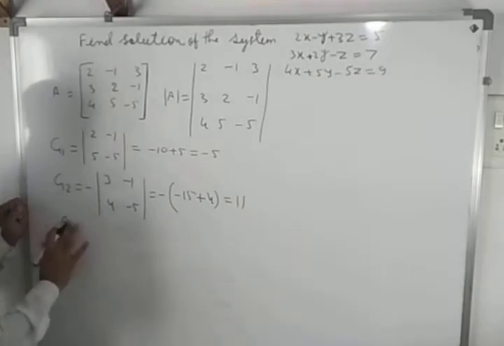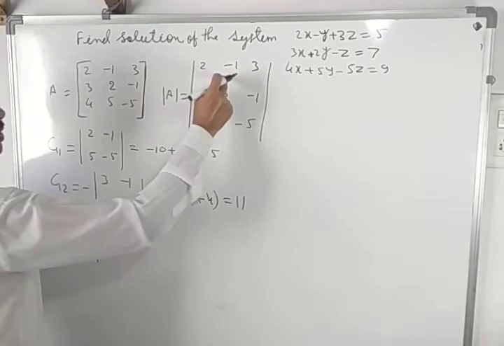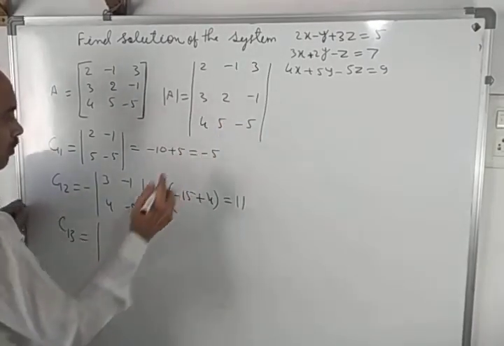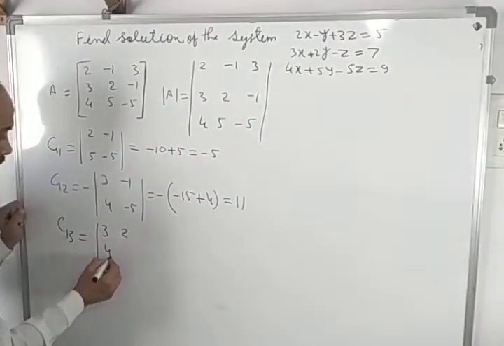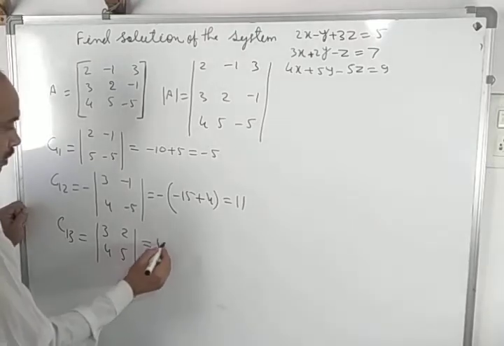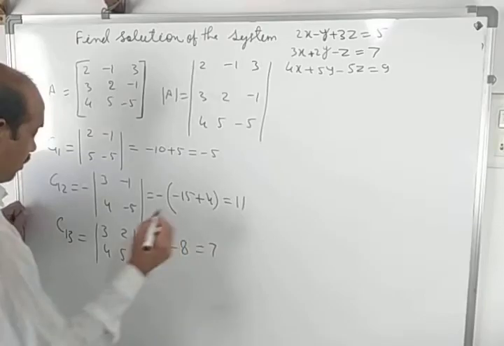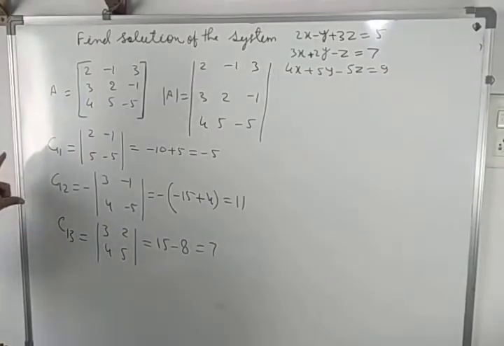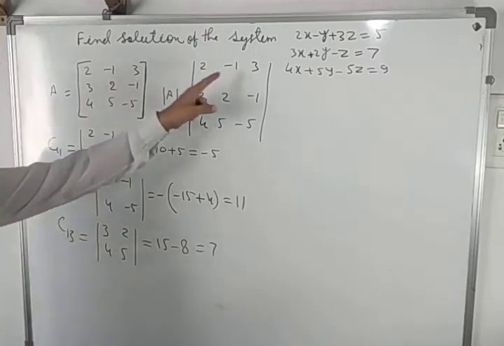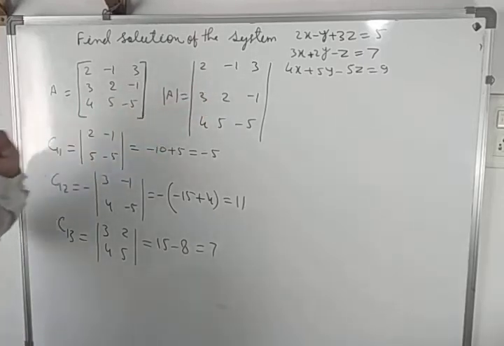Now C13, first row, third column, so 3 2 4 5, 15 minus 8 equal to 7. Now we have got the cofactors of the first row. So with the help of these cofactors and the values of the first row, we can find out the value of the determinant.